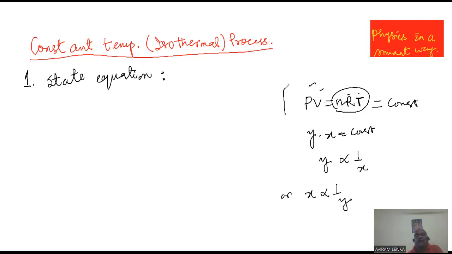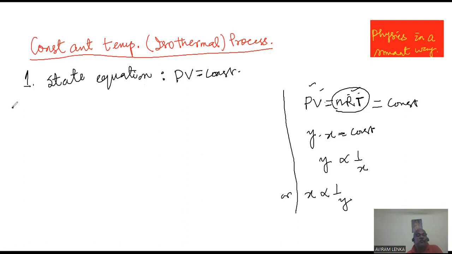All those things will be required when you consider the graphs. So for the state equation, we now know PV equal to constant. What is that constant? That constant is nothing but nRT. That is the state equation.